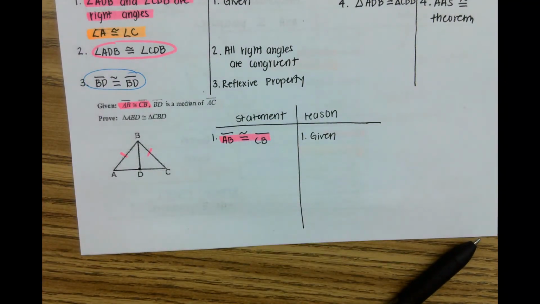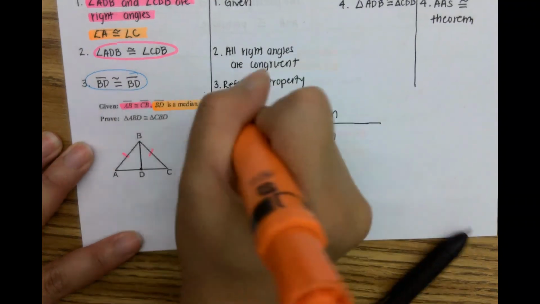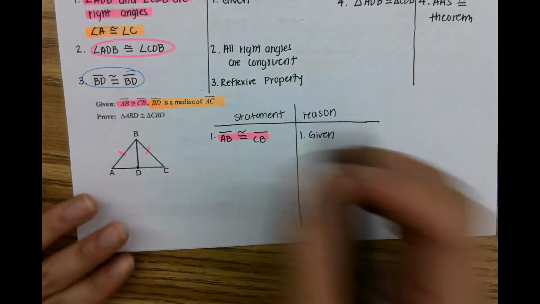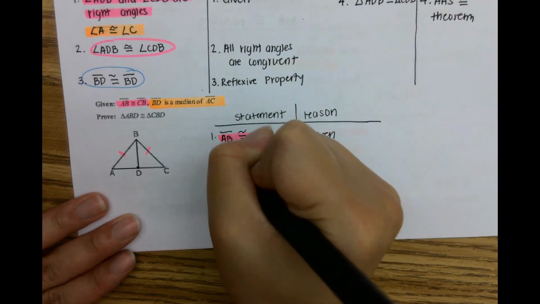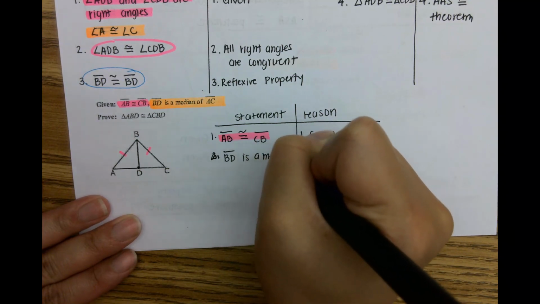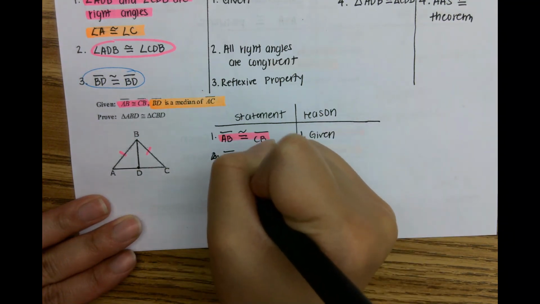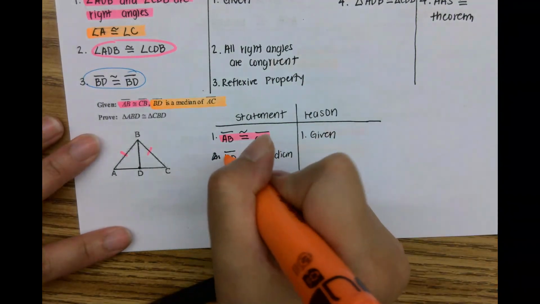The next thing I know is that BD is a median, so it's important to know what that means. So I'm going to write it together: BD is a median of AC. Again, that is given to me.